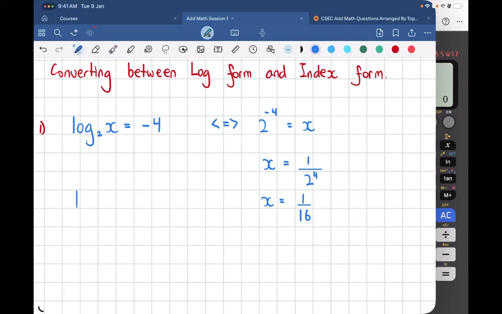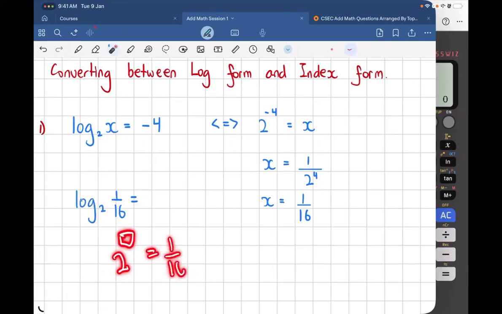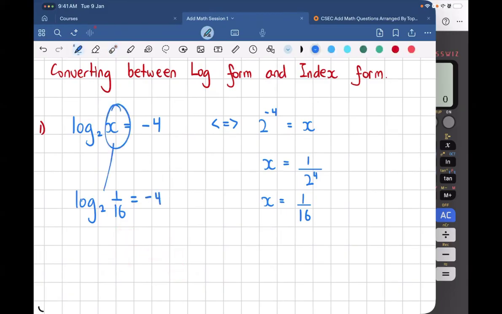If I were to write it out, log base 2 of 1 over 16 is asking: you have base 2, what would you have to raise 2 by to get 1 over 16? Negative 4. So do you understand why the answer is -4? Because you'd have to raise 2 to the power minus 4 to get 1 over 16.